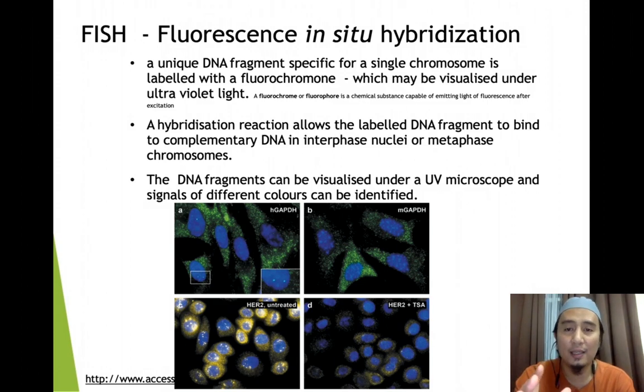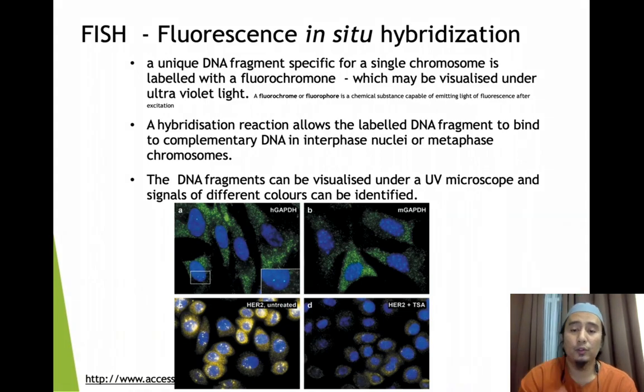In M phase, the hybridization will not occur. It only occurs during interphase, either S phase, G1 phase or G2 phase, or sometimes in metaphase chromosomes. And the DNA fragment can be visualized under a UV microscope, and signals of different colors can be identified.